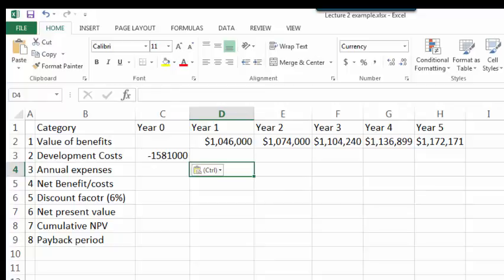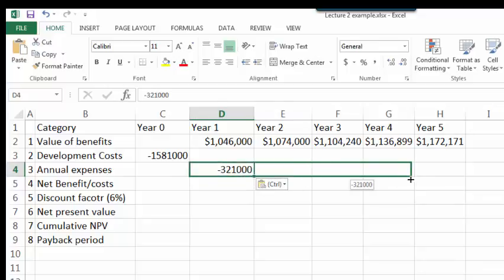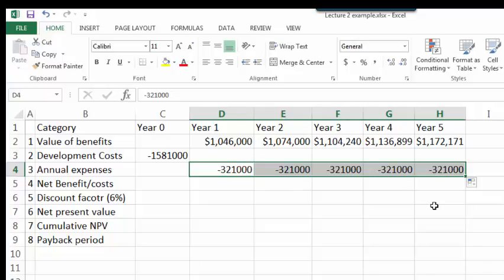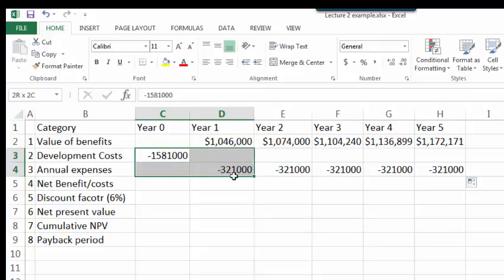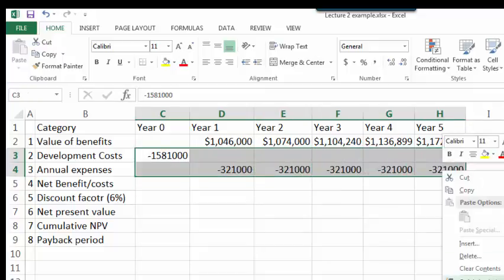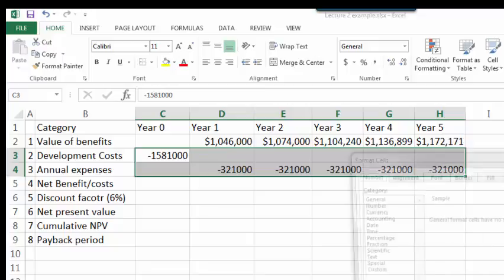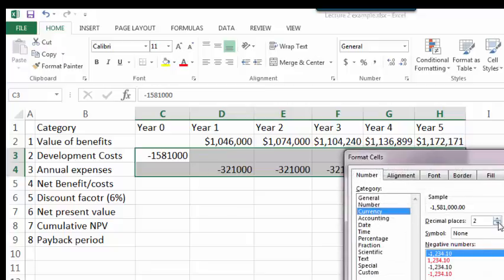In our case, we have a fixed figure for every year, but in reality, this value can also increase. It's not important whether it's fixed or increased, but anyhow, you need to have this figure. That means how much money the company needs to spend on this system after it has been deployed. Similarly, you can highlight them and make them the dollar format, currency here, and put the dollar sign.